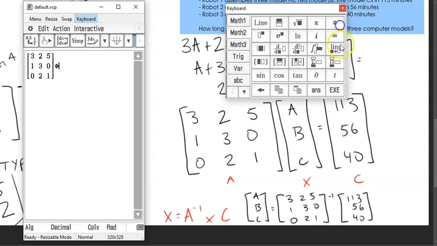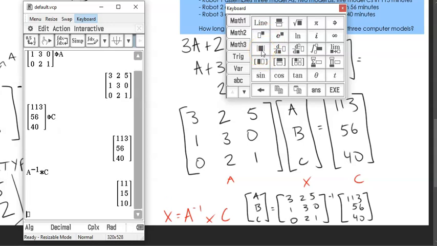Establish that as capital A. Then a column, and we'll just add one more. 113, 56, and 40. Establish that as matrix C. And find out what A to the power of -1, which is the inverse of that matrix, multiplied by C. We should get 11, 15, and 10.